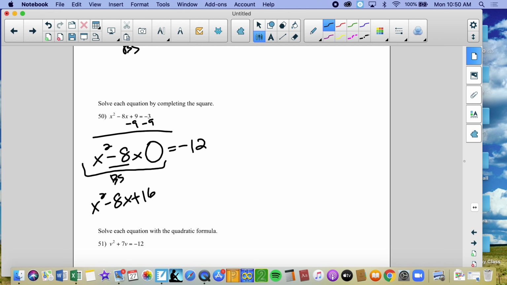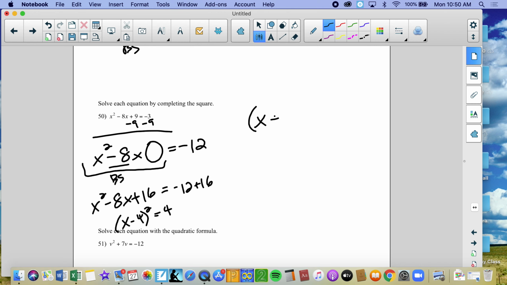Now, look, I just added 16 to this left side. So in order to keep this equation correct, I also have to add 16 to the right side. So this left side factors to x minus 4 quantity squared. That's what the binomial square would factor to, equals 4. Negative 12 plus 16 gives me 4.